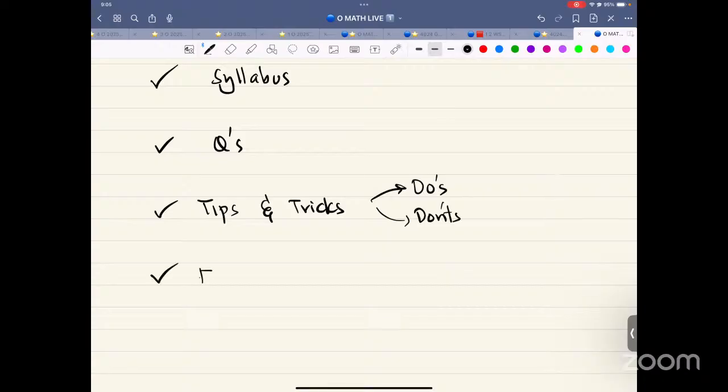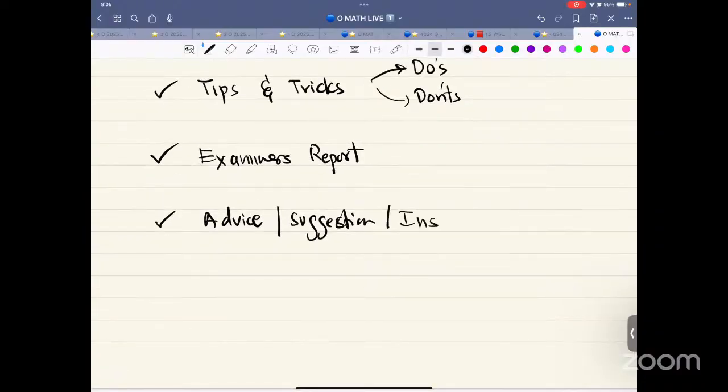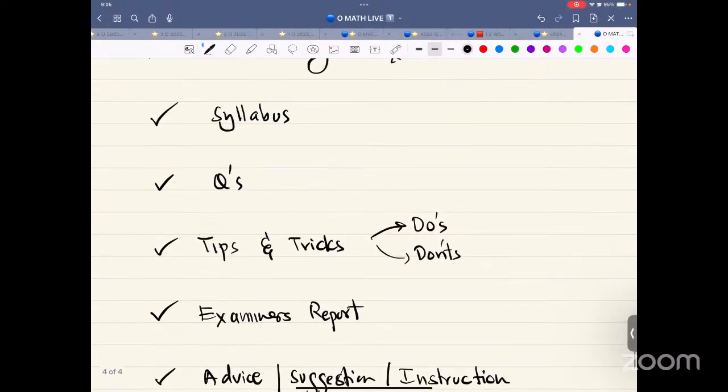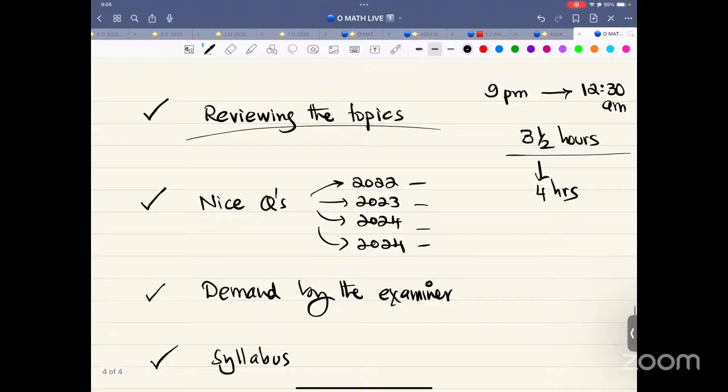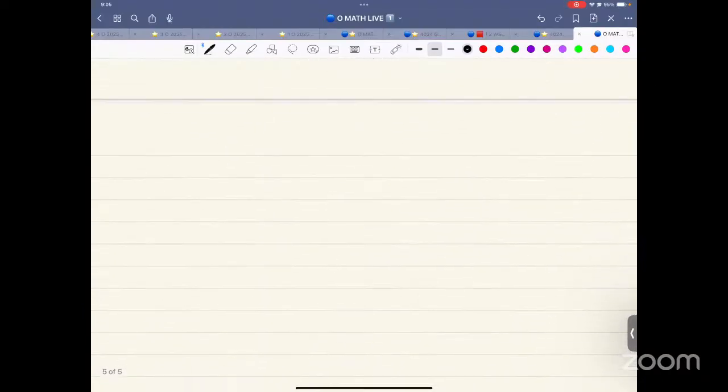We will go over the examiner's report, which is very important, much more important than the mark scheme. And then some advice, suggestions and instructions that you need to follow so that you get the A star that you deserve.